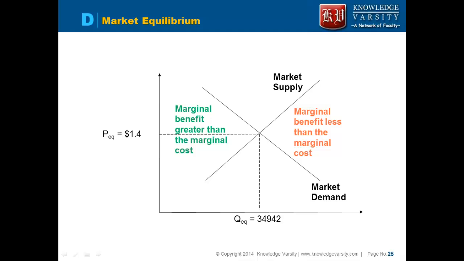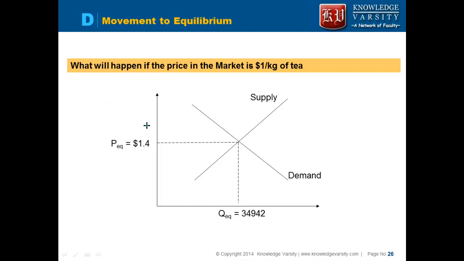So the point is, if you are getting a surplus, you will keep on producing. The moment your surplus becomes negative, where the benefit is lower than the price you are paying, you will not consume. So you will not consume any quantity beyond the equilibrium quantity. If the price is $1 per kg, below the equilibrium, there will be excess demand and less supply.